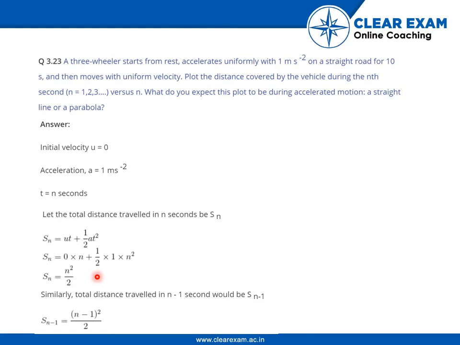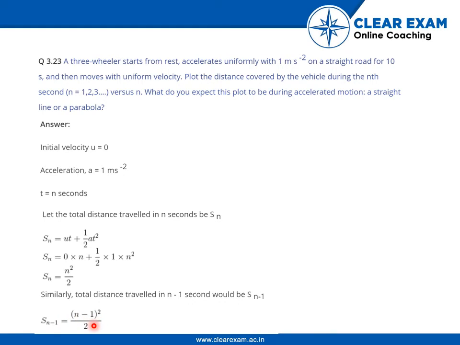Similarly, total distance traveled in n minus 1 seconds would be S(n minus 1). So in place of n, we simply put n minus 1 and we get the distance traveled in n minus 1 seconds. So it is (n minus 1) square divided by 2.